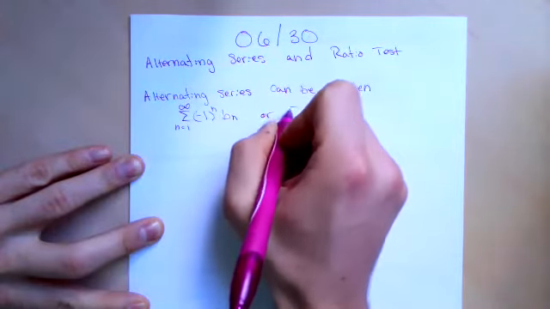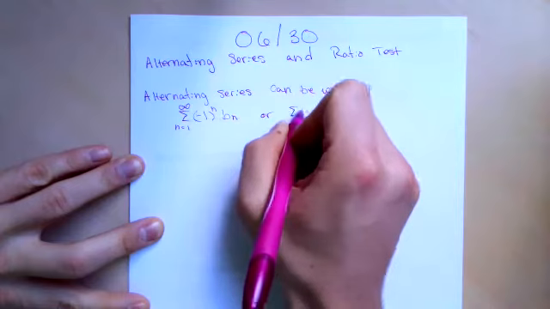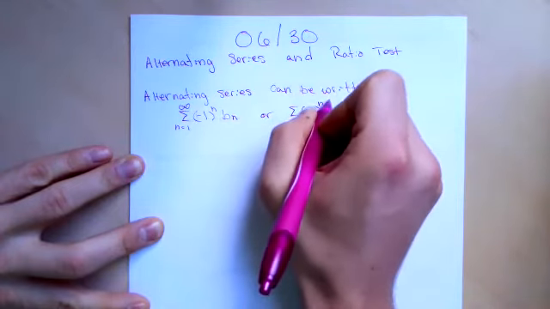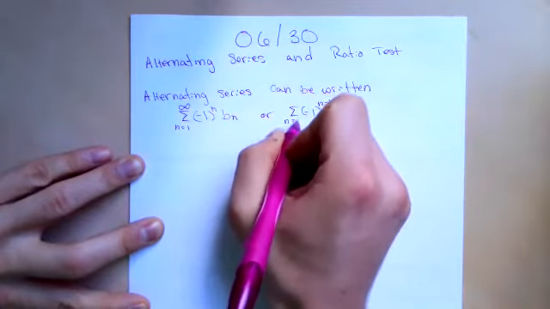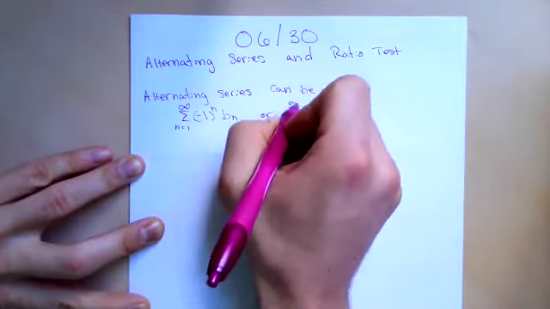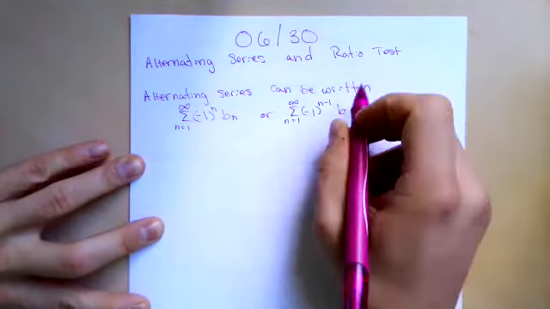Sometimes the other thing you will see, the book likes to do an n minus 1. I like to use an n plus 1 whenever we're shifting the index of where we start the negatives.